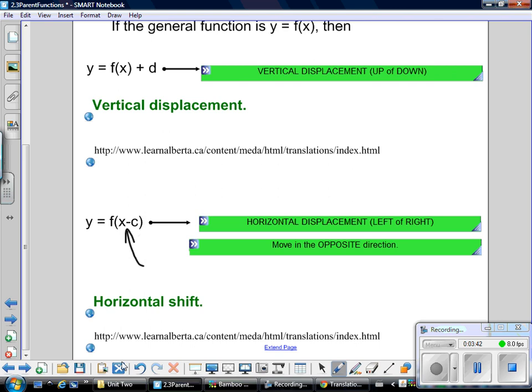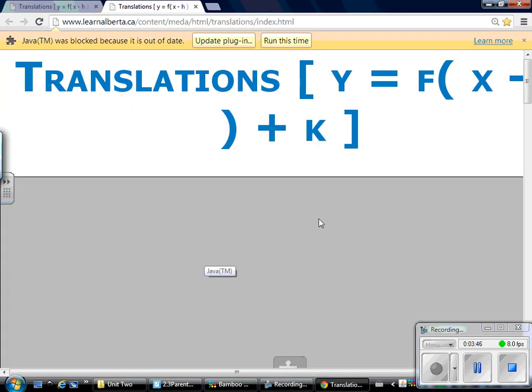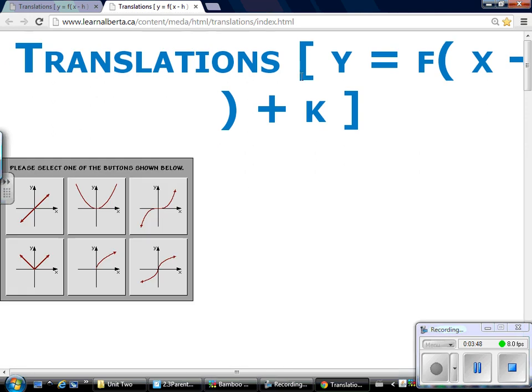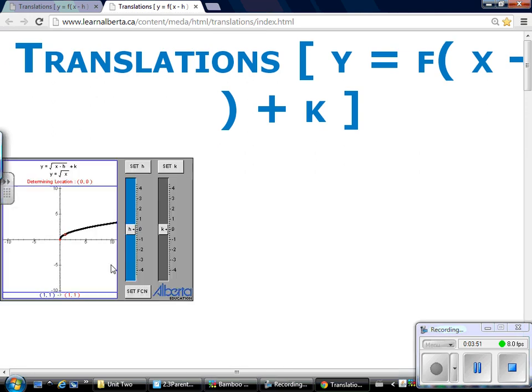So again, just like the last example, I can go to this function again, and this time we'll take the parabola that's on its side, the square root function.